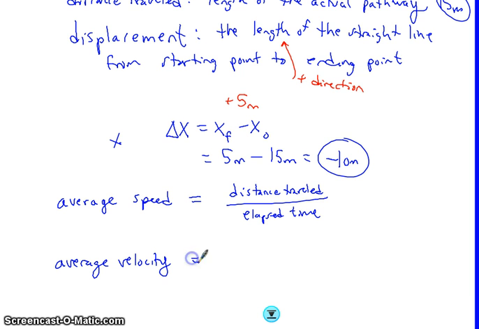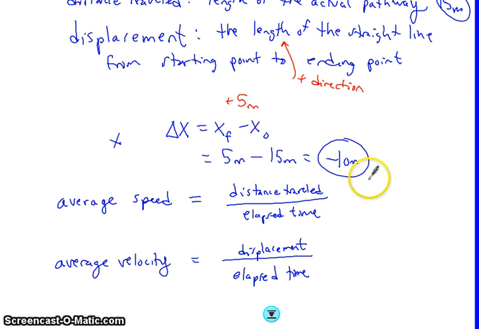And average velocity is displacement, which is a vector, divided by elapsed time. So again, this is another reason why speed is not a vector, because it's based on distance traveled, which itself is not a vector, whereas velocity is a vector, because it's based on displacement, which itself is a vector.